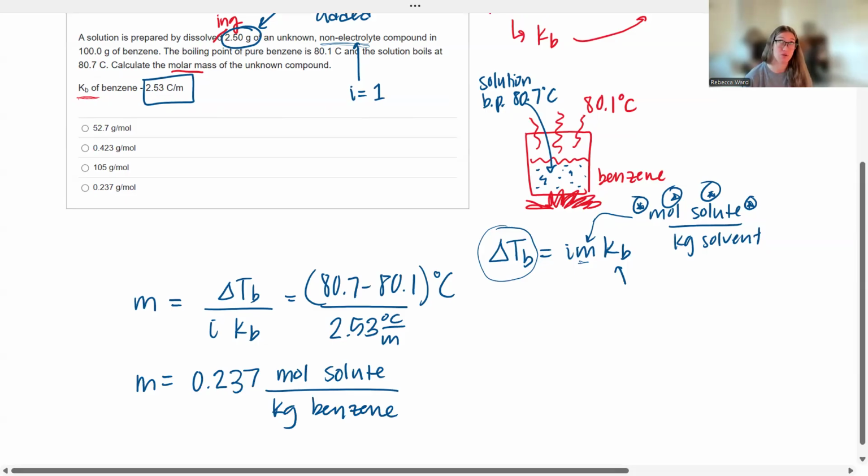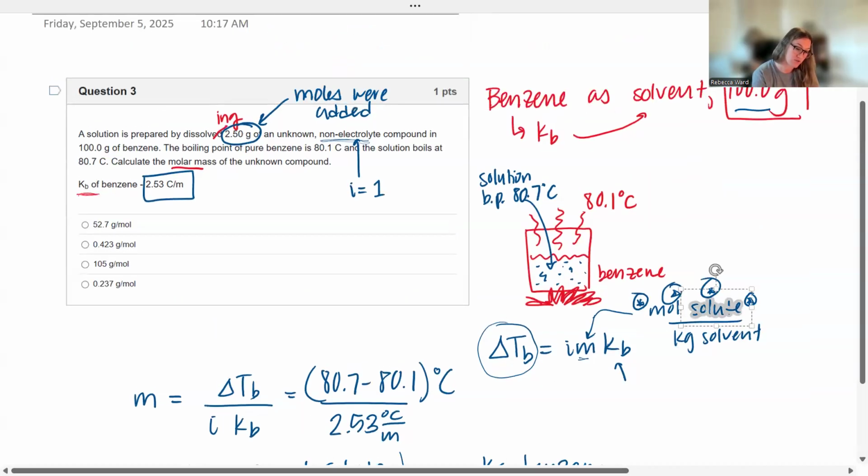But right now we need to know the actual number of moles that were added to that benzene. To do that, we need to multiply by kilograms of benzene. I can isolate moles of solute if I multiply by the number of kilograms of benzene I had. And we have that. That was given to us.